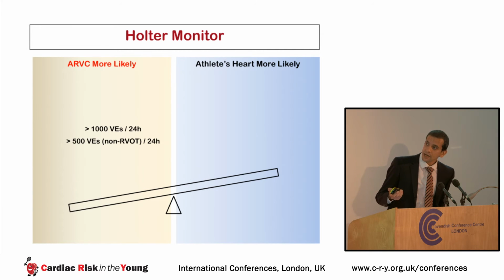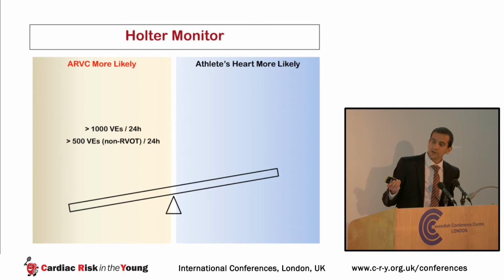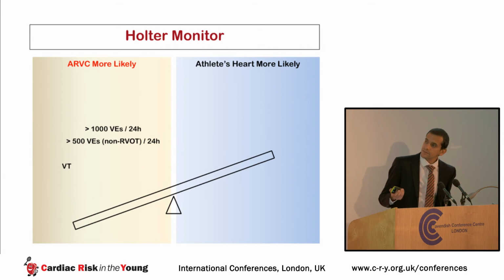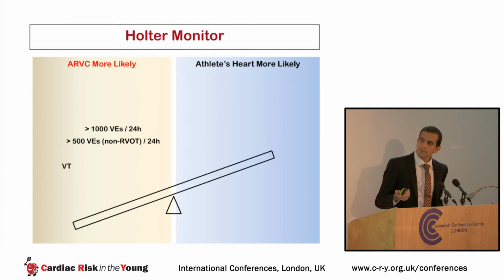On the Holter monitor, if you have a high burden of ventricular ectopy, that is suggestive of pathology. We found that over 1,000 ventricular ectopics in 24 hours was a good discriminator of health and disease. And you should never see ventricular tachycardia in a healthy athlete.